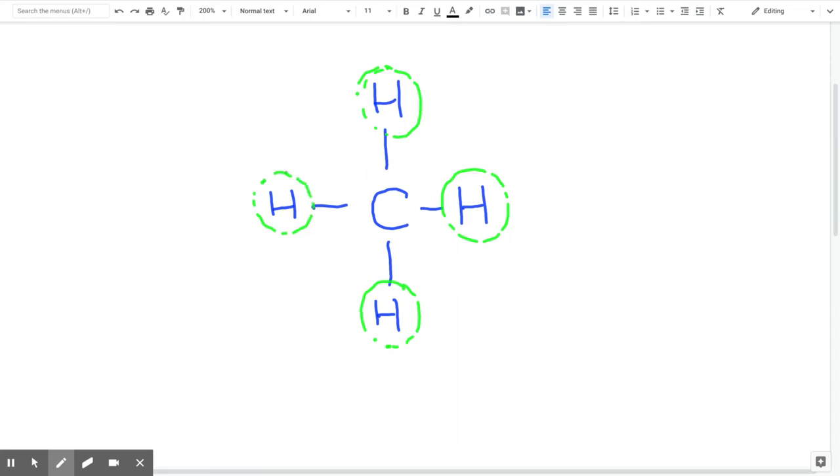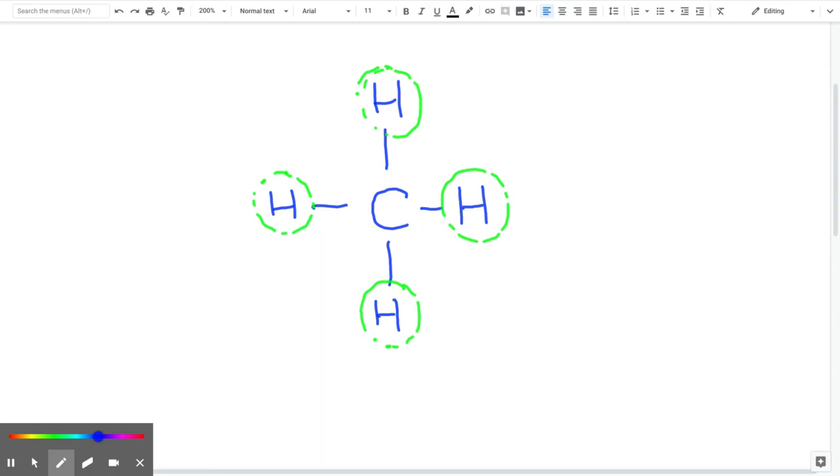Each hydrogen is a proton. Each proton has a positive charge. Each of these protons are rotating around their center of symmetry. Now, physics will tell us that a rotating charge will generate a magnetic field.